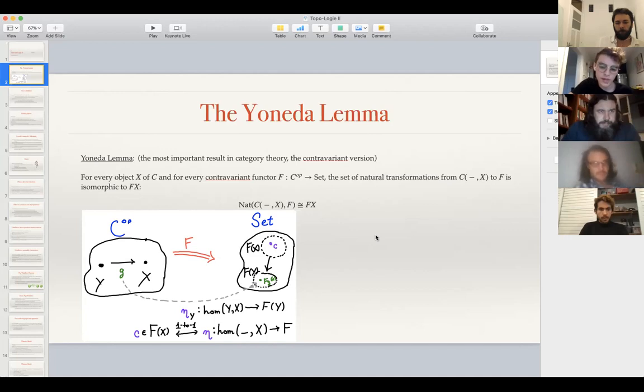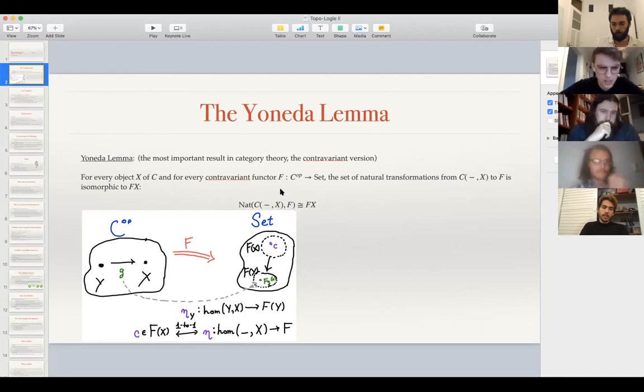If we want to understand an object X in the category, but this is a very general concept, so it could work anywhere, the idea is that we want to understand all of its relationships with objects outside of it, either relationships going out of it or going into it. So what it's saying is that if I have X and any contravariant functor F, it identifies exactly the set of natural transformations from this representable functor, C blank X, to F.